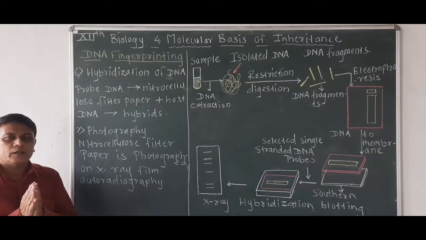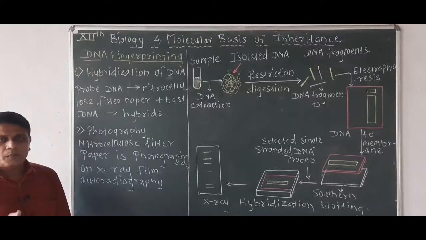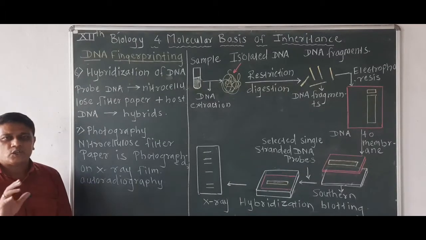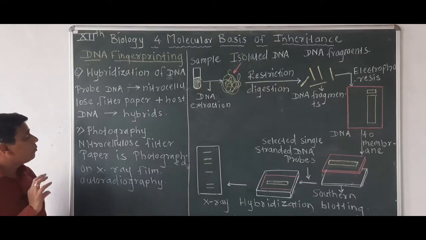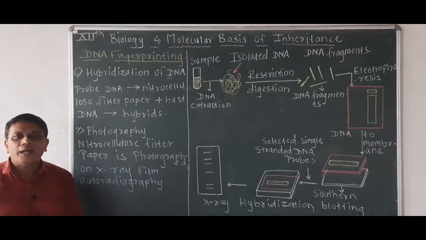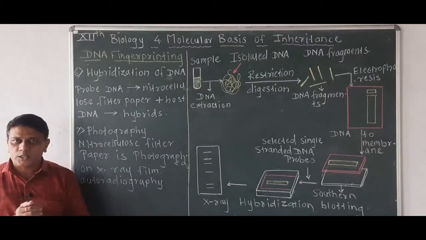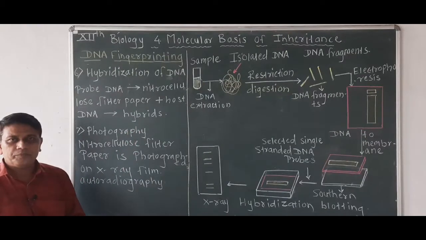Now you know that the two DNA strands are held together with the help of weak hydrogen bonds. So weak hydrogen bonds are developed between the probe DNA and the host DNA, and a new DNA is produced. It is called a hybrid.